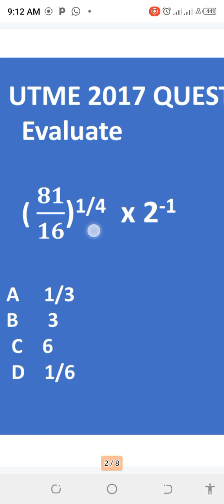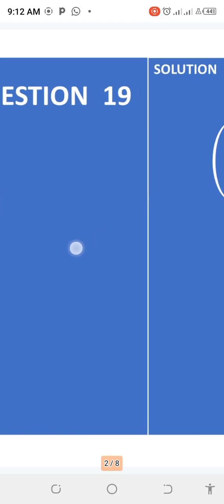So we are going to have the fourth root of 81 over 16, multiplied by 1 over 2. Let's go ahead.